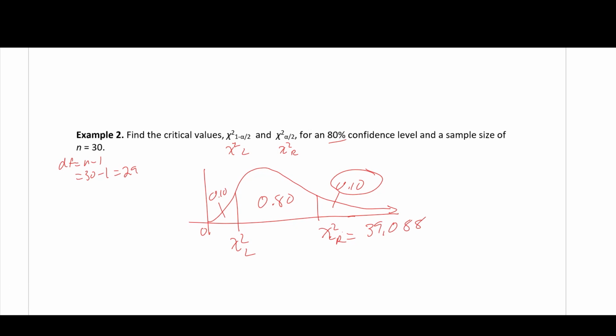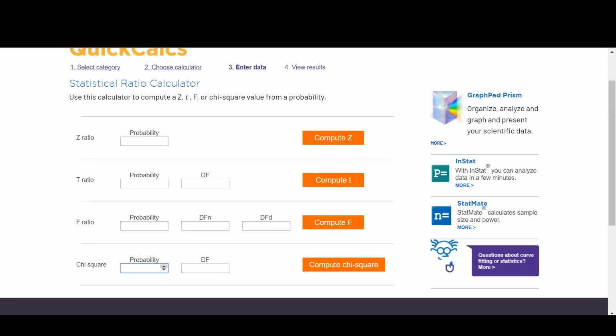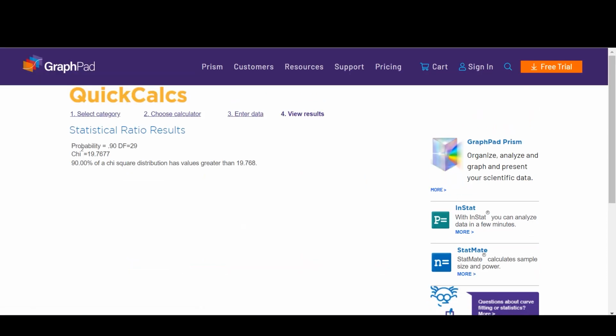Let's do it for the left-hand side. Now for the left-hand side, the area to the right of that is 0.80 plus 0.10, which is 0.90. Again, same degrees of freedom, 29. And we can compute. And we get 19.7677.